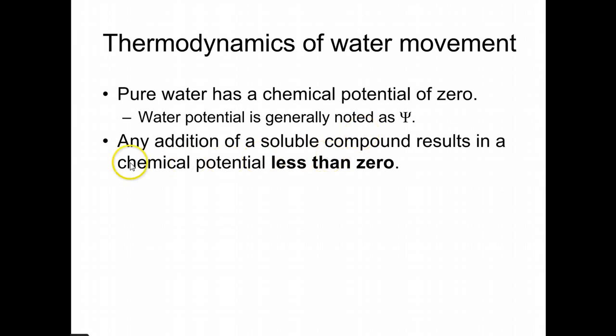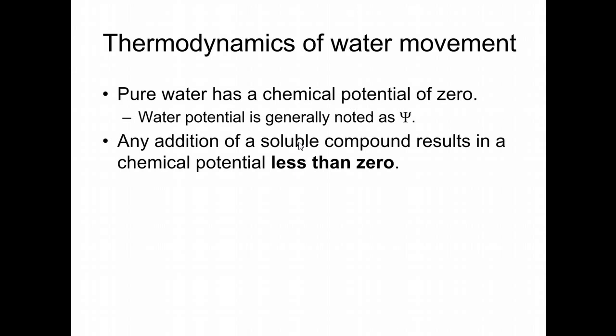And the take-home message here is anything that is not pure water, any aqueous solution that has a molecule completely solubilized in it, and by solubilized I mean if we put sodium chloride in water, the sodium and chloride separate and they're completely surrounded by water, then that's going to lower the water potential.